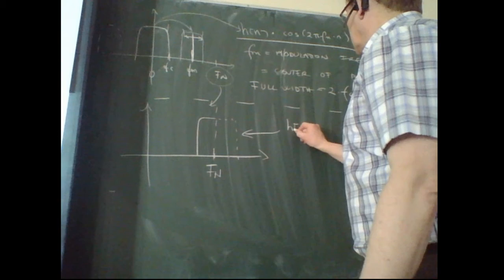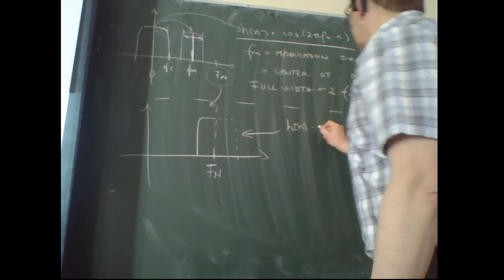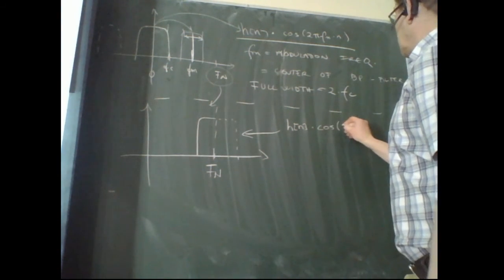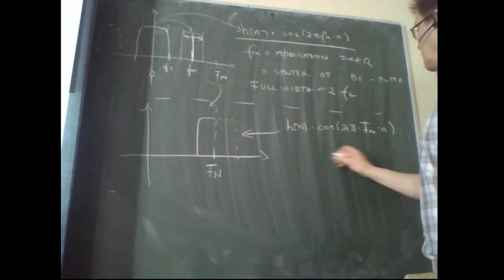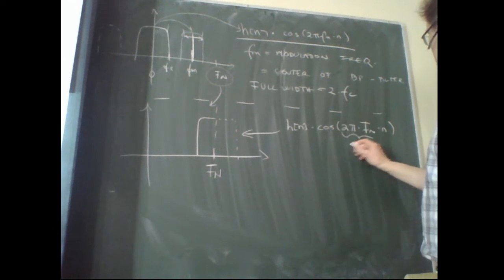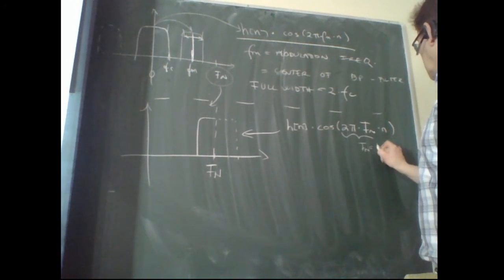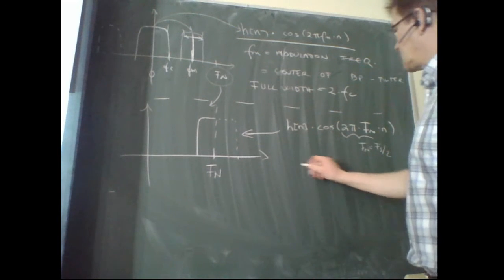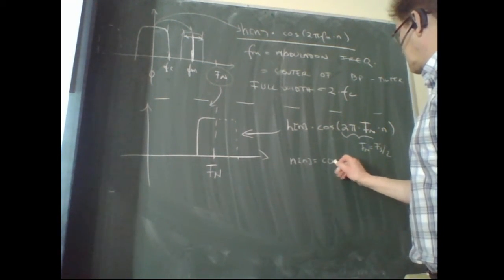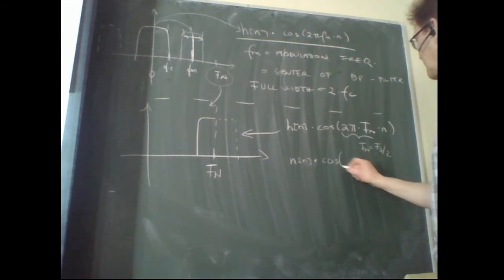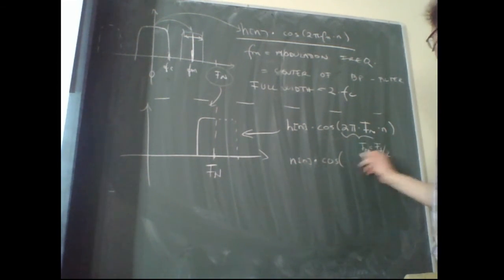So basically this can be done by simply modifying the system with 2 pi times Nyquist frequency times n. Fn was Fs over 2, so h of n times cosine of n times pi.